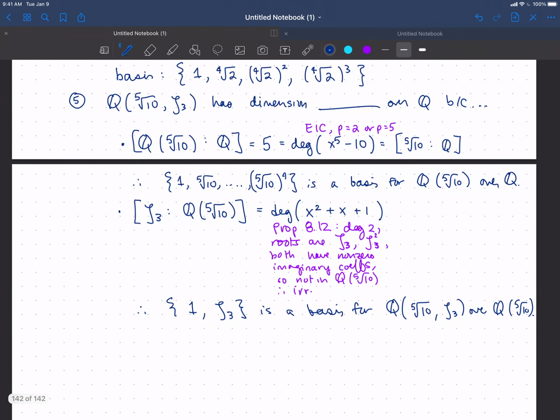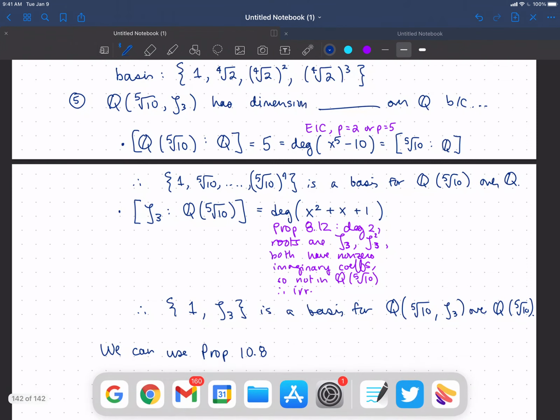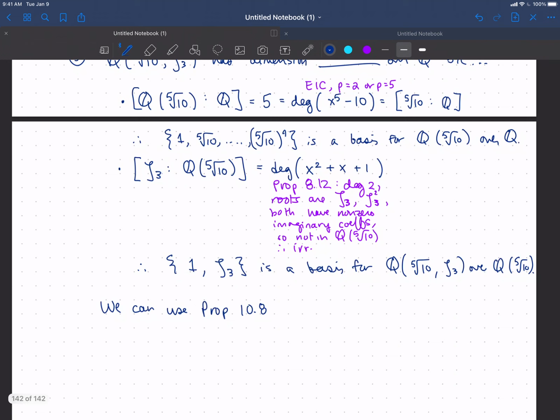And what happens is we can use this and proposition 10.8 to get a candidate for a basis and then show it actually works out. So if I put all this together in the context of proposition 10.8, I've got Q adjoin this stuff. Looks like, well, I've got, oh boy, I'm going to have a lot of coefficients.